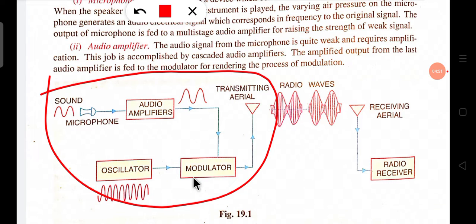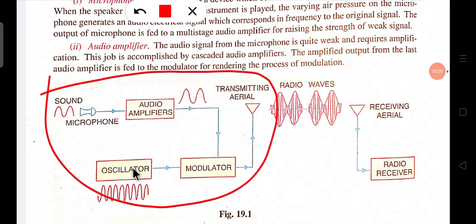Also, one oscillator is there. Before we know about the working of the modulator, we should know about the working of the oscillator. In previous classes we have already discussed the oscillator. The function of the oscillator is that it generates a carrier frequency or high frequency signal.